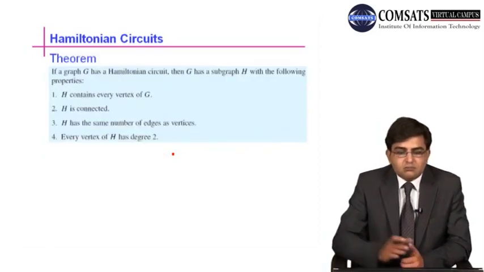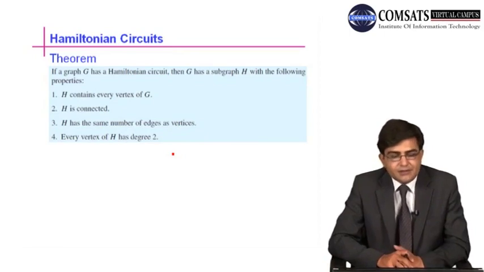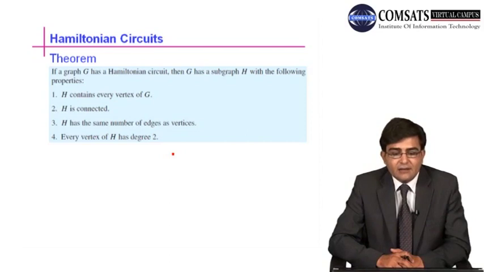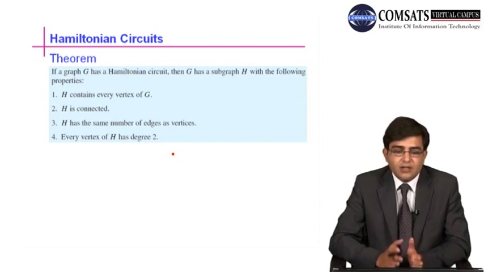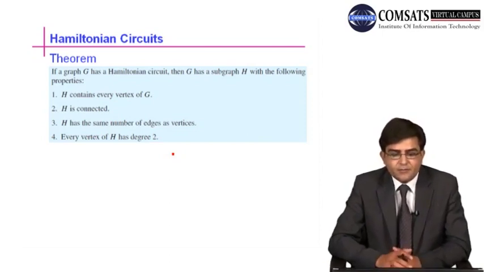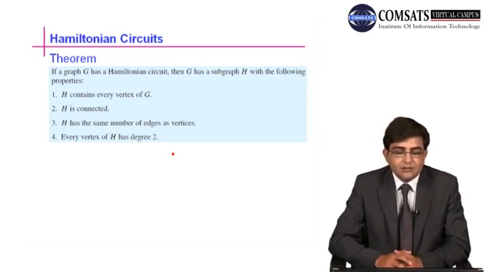Now there is an important result whose conditions will help us find a Hamiltonian circuit in graphs. If we are given a graph G and it has a Hamiltonian circuit, then G has a subgraph H with the following properties. H contains every vertex of G, that is, every vertex of G will also be in H. H must be connected.